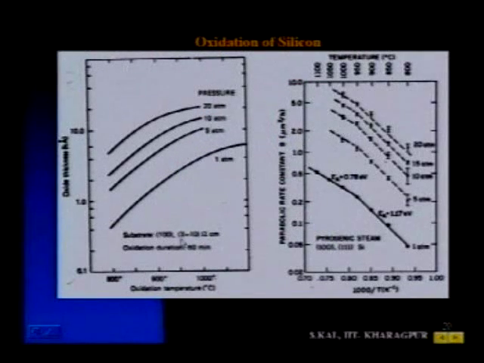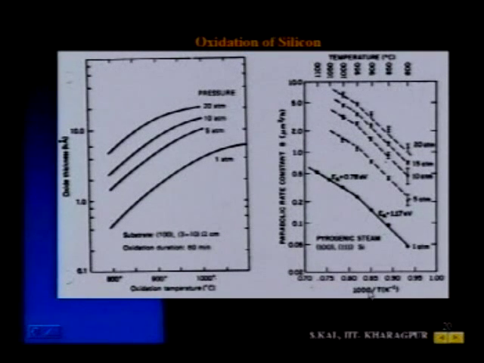At the same time you have to mention the resistivity, which gives you the information regarding the doping concentration. If the doping concentration is very high, the resistivity is low, and later on we will see that the oxidation process is also dependent on the doping concentration. A highly doped region and a very low doped region, the oxidation growth rates are not the same. It's different. That we will see in the next slide.